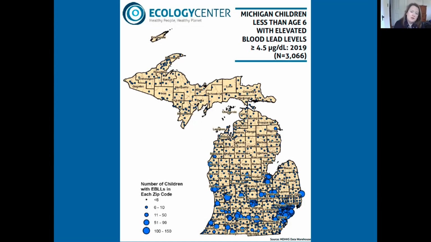A few years ago, Lenawee County in Southeast Michigan, which is a sort of suburban semi-rural area, was one of the areas that had some of the highest rates of lead poisoning per capita. So that's one of the problems that we see.